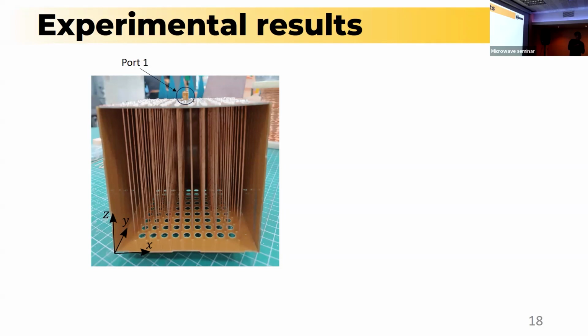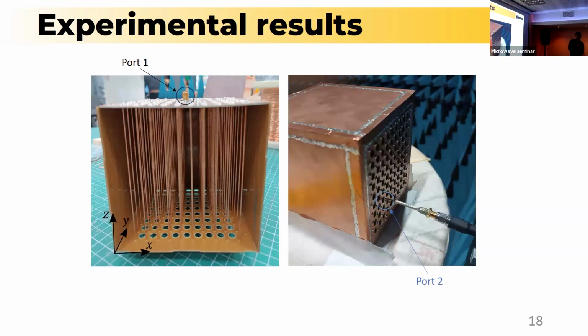And we have a fixed port at the top of the cavity, which is a monopole antenna. It will excite an electric field that is parallel to the wires in our cavity. And to check the field homogeneity in the transversal section, we have a port number 2 that consists of a monopole antenna again, but this time this monopole antenna is flying.